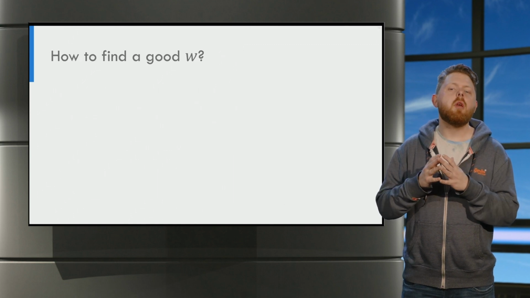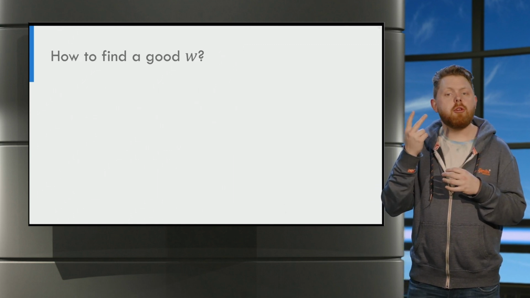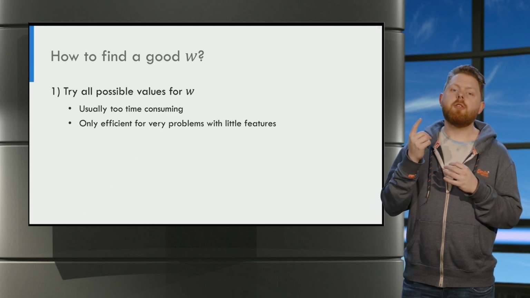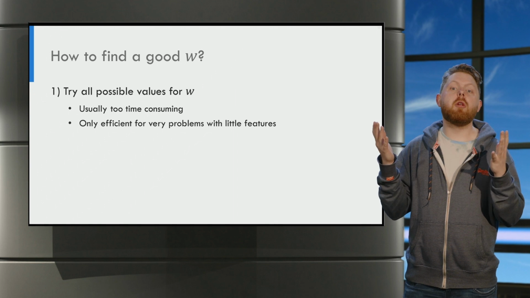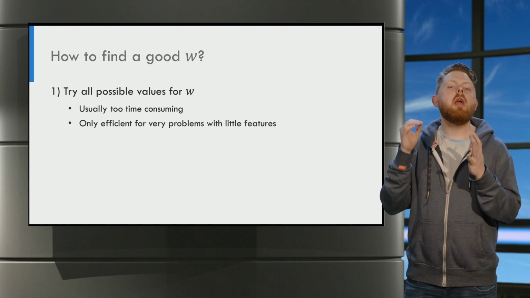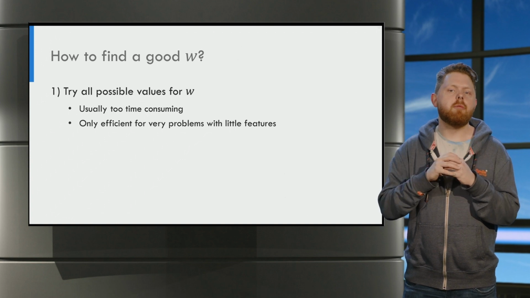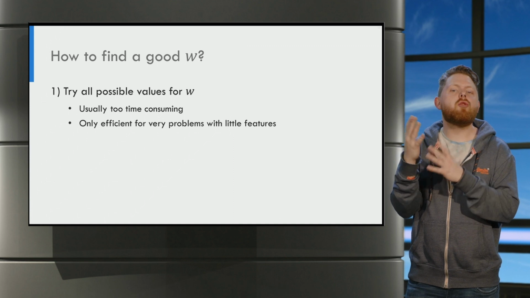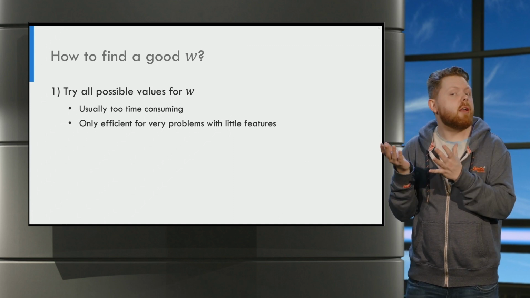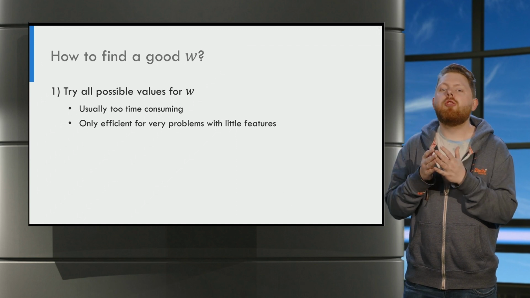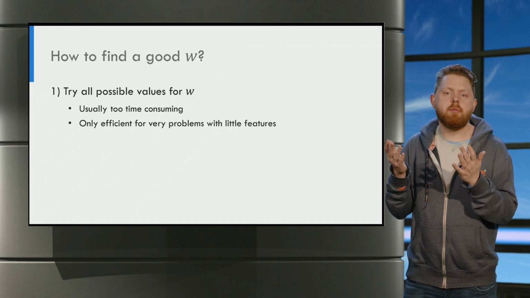Welcome back. There are usually two options that may come to your mind. The first is to try all possible linear models. The problem is there are infinite linear models. Maybe we can discretize the problem and try all of them and still find a good solution. The problem is that this is usually too time-consuming.